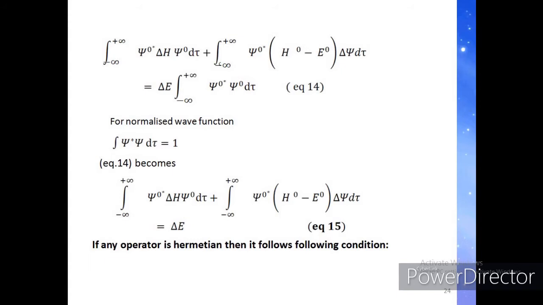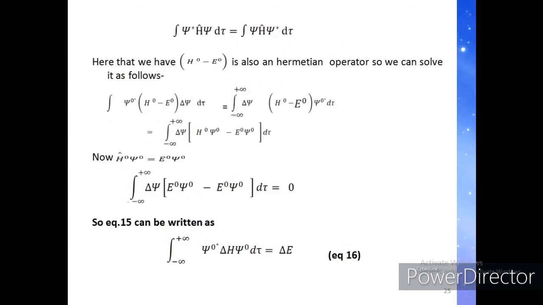After solving equation number 15, it is easy to calculate the term for the perturbed system. In equation number 15, the left hand side term becomes 0, so equation number 15 can be written as given in equation number 16.